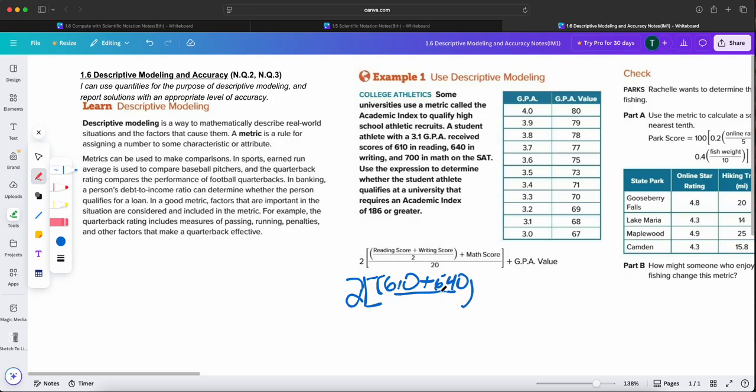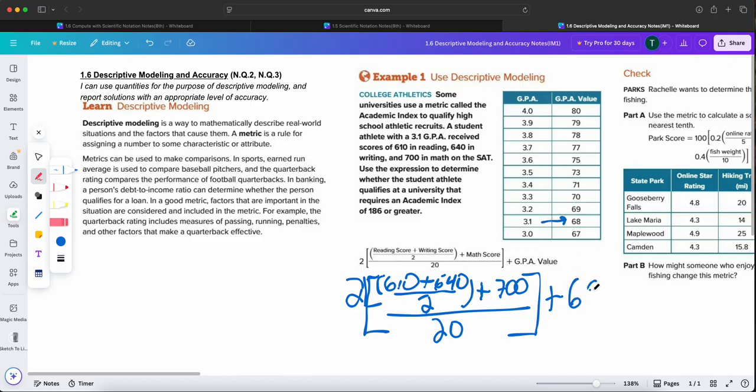That's all divided by 2, plus our math score is 700, and then all of this is divided by 20. Make this brace a little bigger. And then we have plus our GPA value. So the GPA was 3.1, which if we follow in our table, our value is 68.